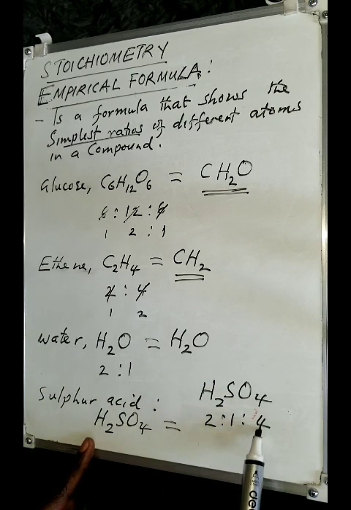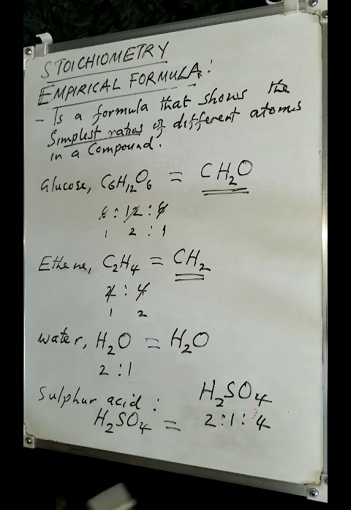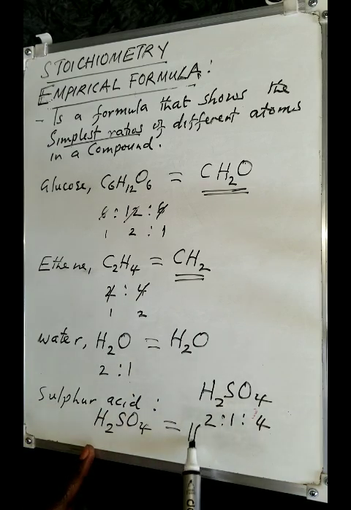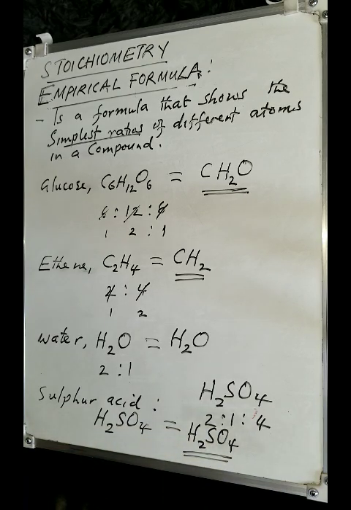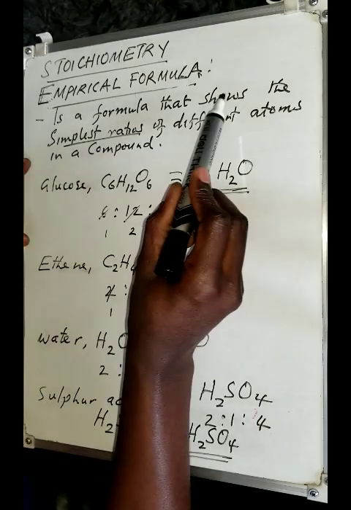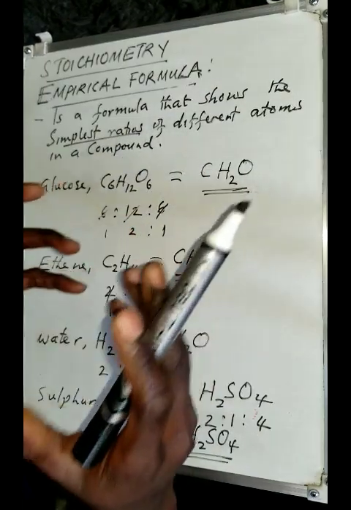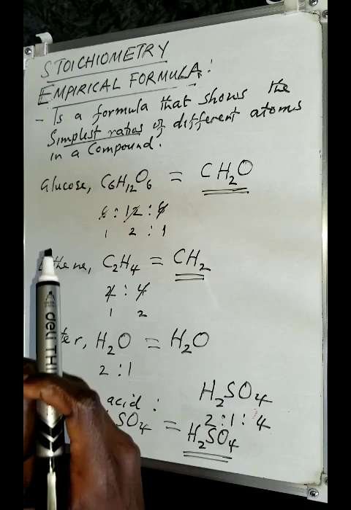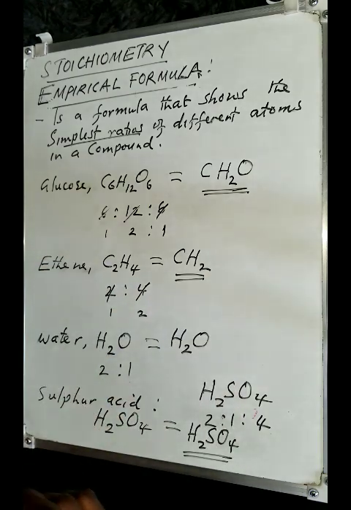How many atoms of oxygen? 4. What is the highest number that can go there? You can't reduce that further. So therefore, the empirical formula will still be maintained as that. So that is what you need to remember. The empirical formula will show the simplest ratios, or the lowest ratios, of atoms in the compound.